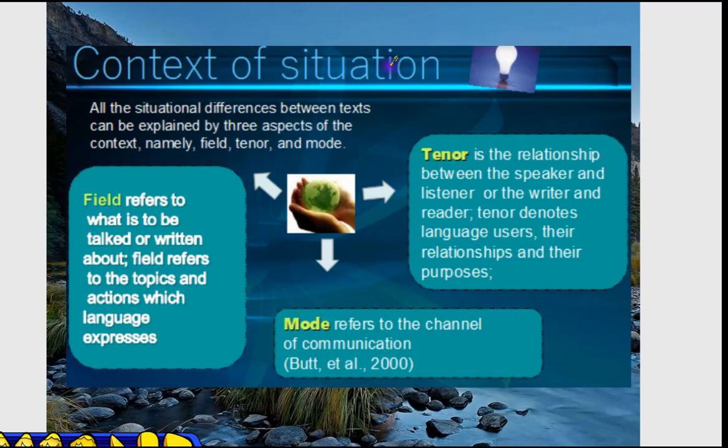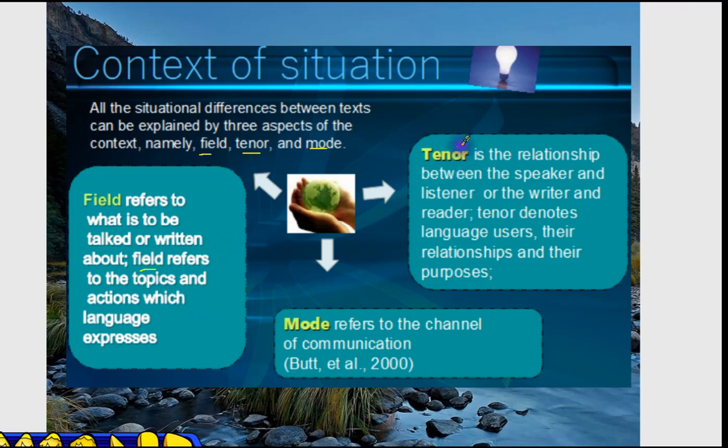So let's talk about the context of situation. Now, with this one, we are going to be talking about three aspects: field, tenor, and mode. Field refers to what is to be talked or written about. Field refers to the topics and actions which language expresses.